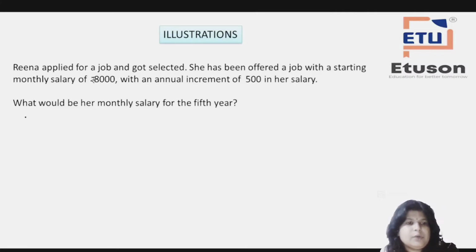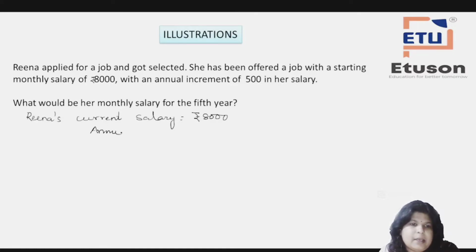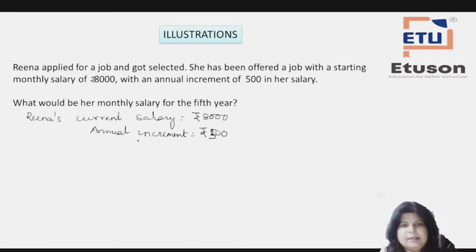Correct? So first, Rina's current salary is equal to rupees 8,000. She'll be getting an annual increment of rupees 500. Correct.